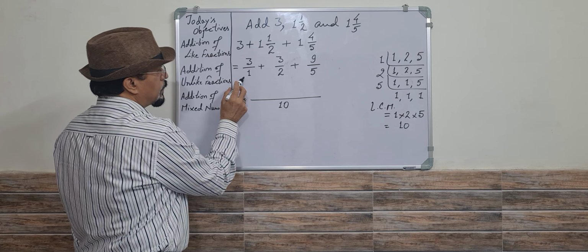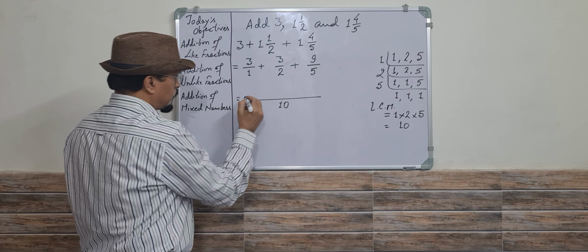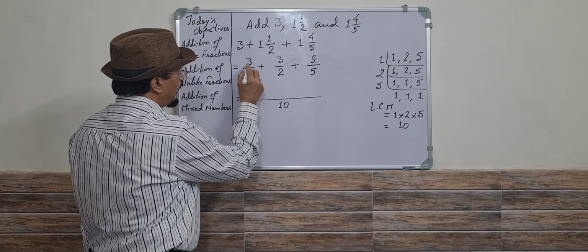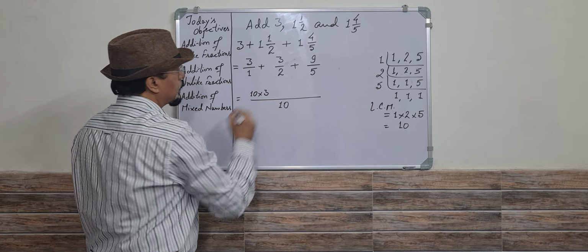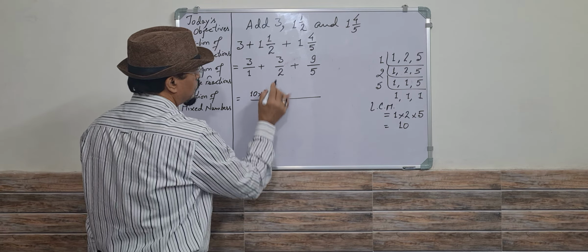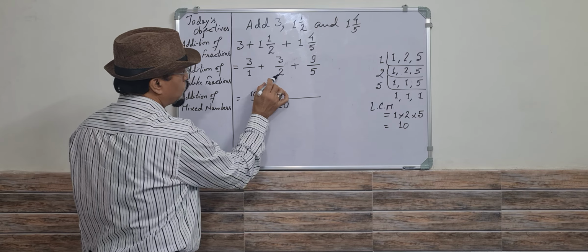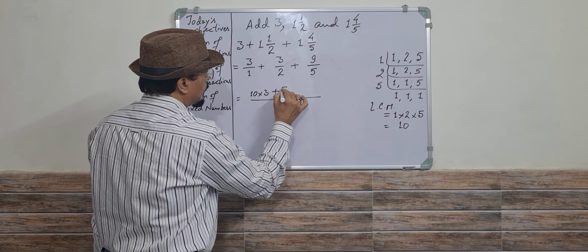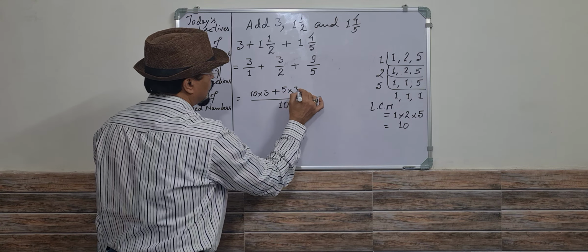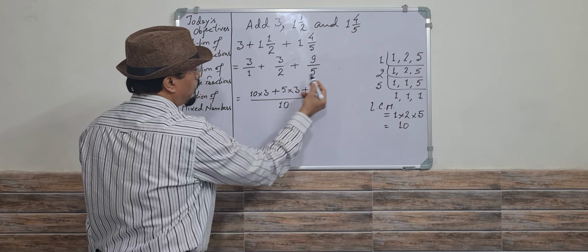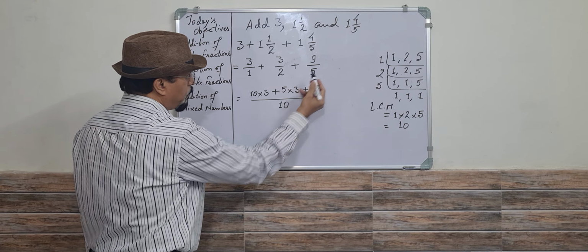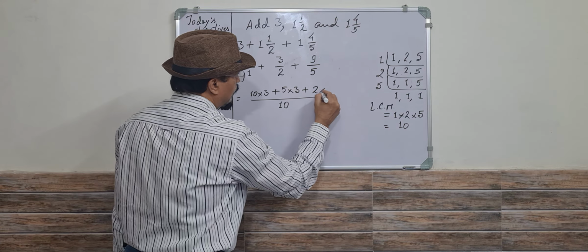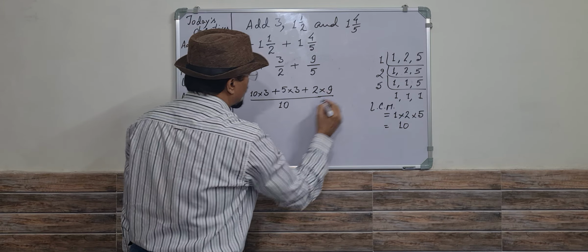So 10 divided by 1 is 10, and multiply this numerator plus 2, 10 divided by 2, 2 5s are 10, multiply this numerator. 5, dividing 10 by 5, 5 2s are 10, and multiply this numerator.